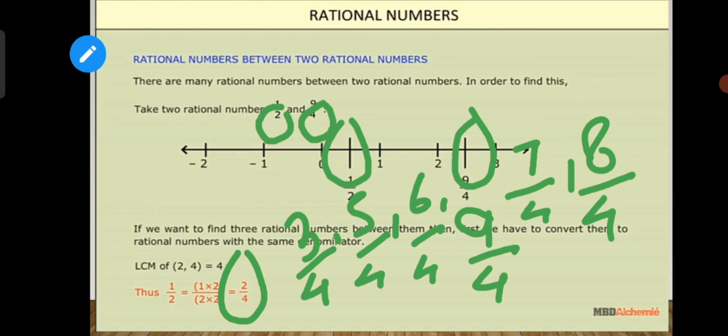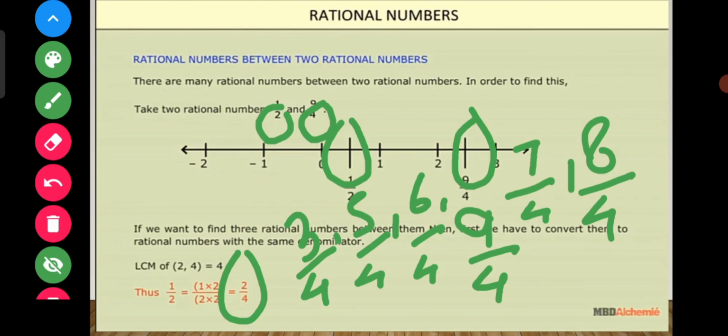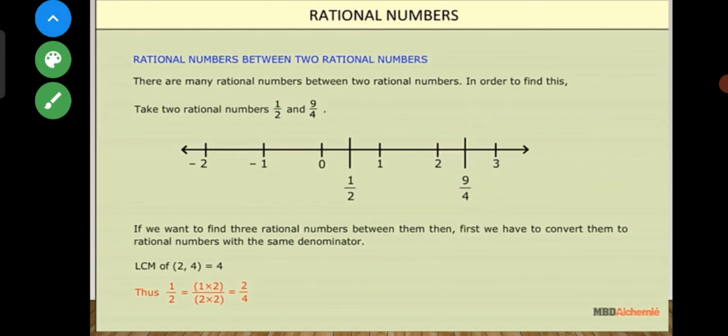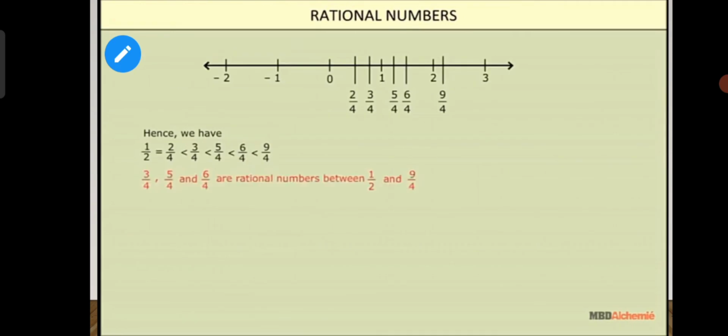This way we can insert rational numbers between two rational numbers. Here it is expressed also, you can see. Between 2 by 4 and 9 by 4 we have so many rational numbers: 3 by 4, 5 by 4, 6 by 4, 4 by 4, these are all there.